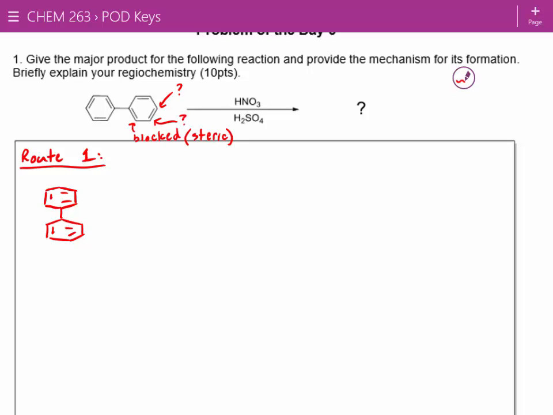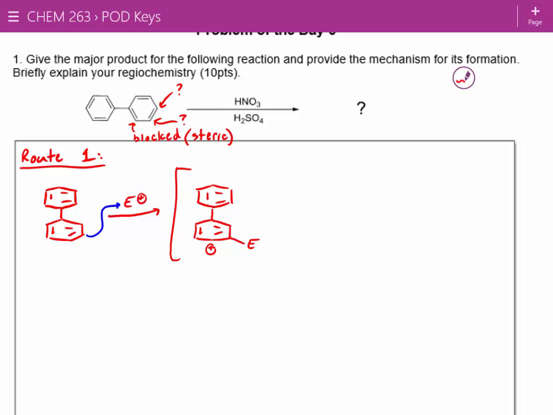I'll just draw a generic electrophile E+. So if it's a meta attack, this will come in, grab our electrophile, and we'll form our arenium ion. And the positive charge will be right here.